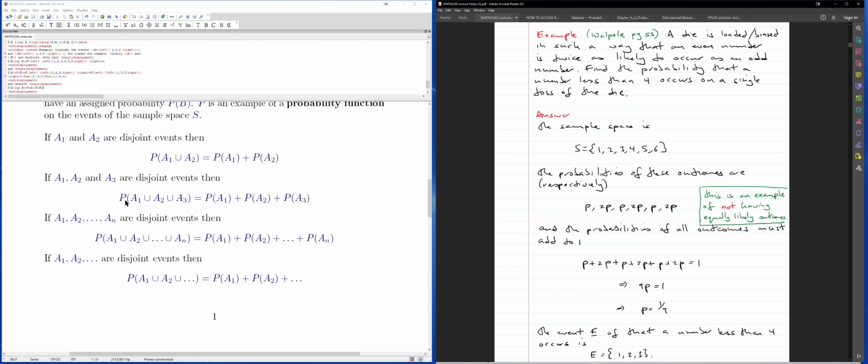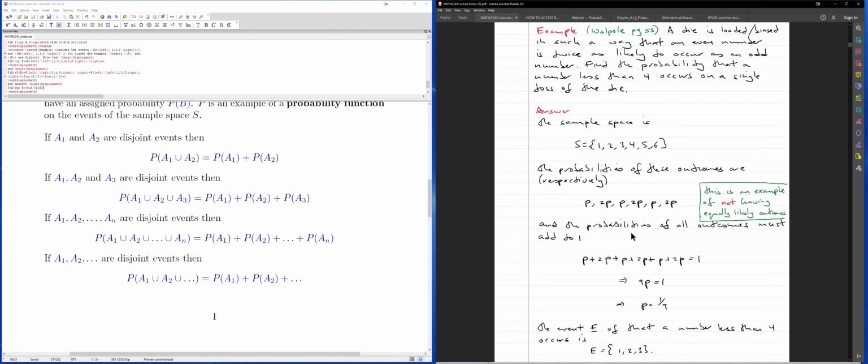In the case of three disjoint events, the probability of their union is equal to the sum of the probabilities. More generally, if I have n disjoint events, and I take the union of A1 to An on the left hand side, the probability of the union is equal to the sum of the probabilities of each event.